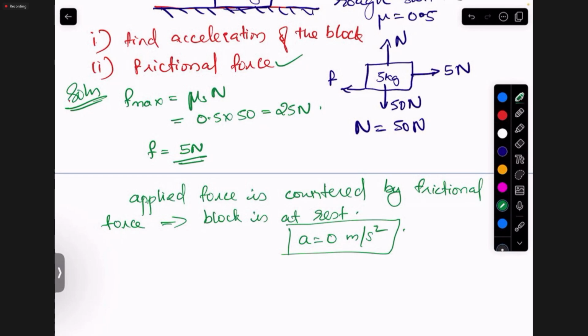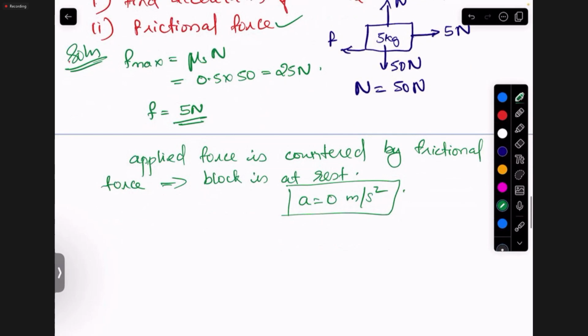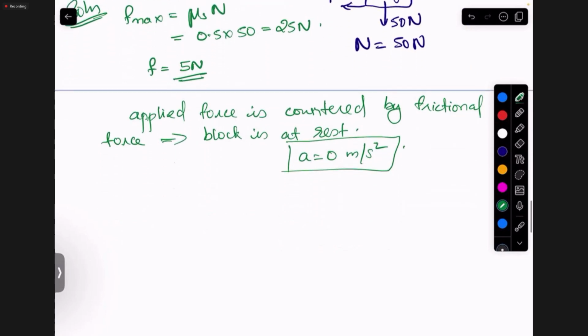Okay, so the limiting friction, or the maximum frictional force, is the key concept here. Based on that, you will have two different situations. One is where the applied force is less than the limiting friction. Then the frictional force between the surfaces will be proportional to what we are applying, and the object will be at rest.